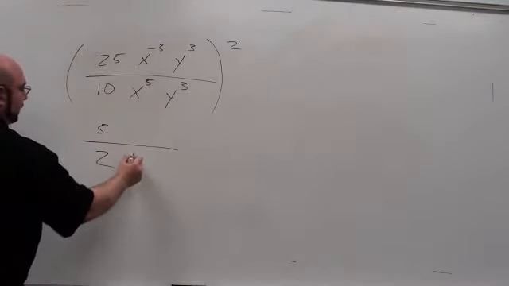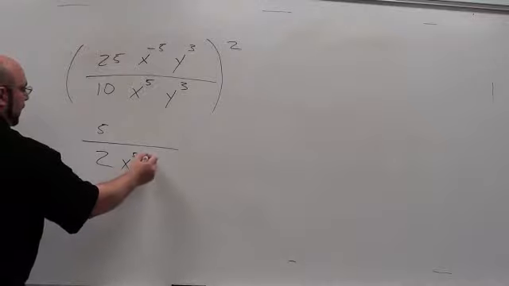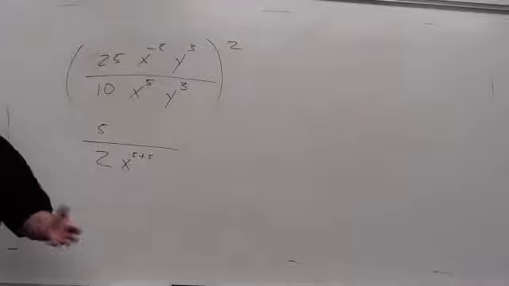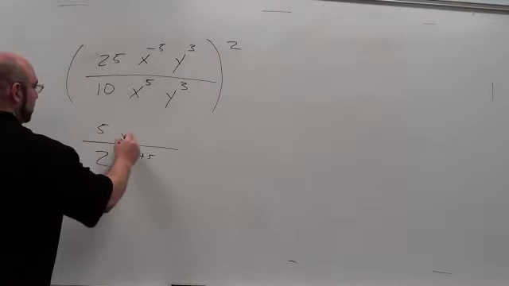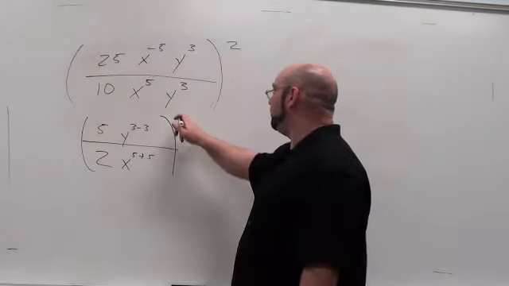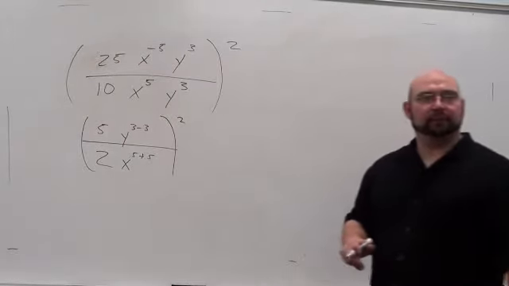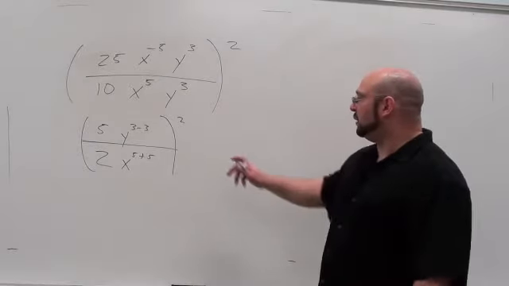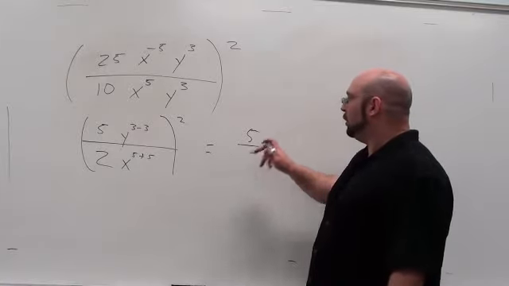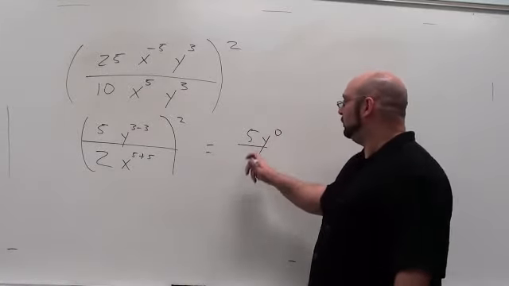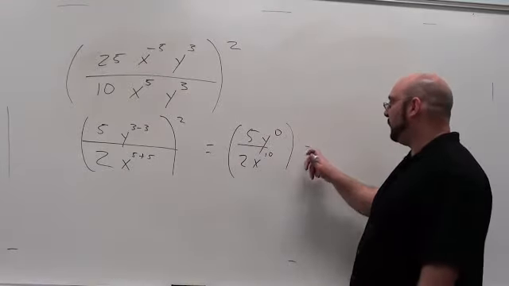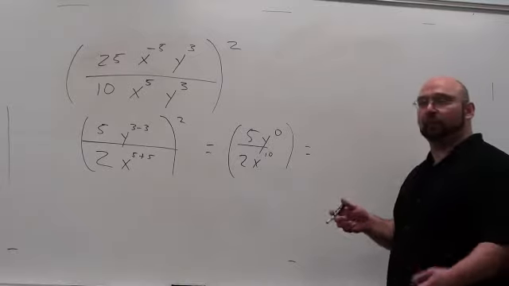So this becomes x to the 5 plus 5. Now my y's, notice my y's are the same, so it doesn't really matter which one you bring up or down. So we're going to make this y to the 3 minus 3. And this is all going to be squared. Okay? So from here, this is going to be 5 over 2 x to the 10, y to the 0 is equal to 1.